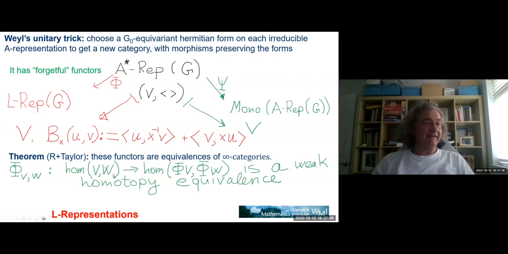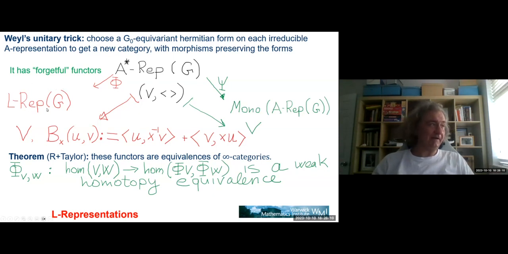And these two functors, phi and psi, are equivalences of categories enriched in homotopy types. So essentially, on objects, the functors are bijective, and on morphisms, they are always homotopy equivalences.